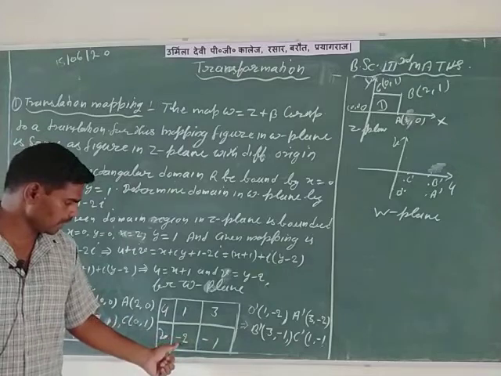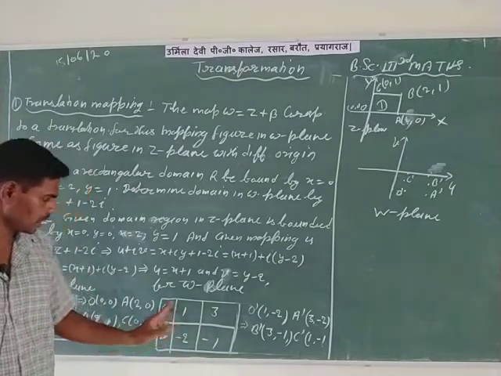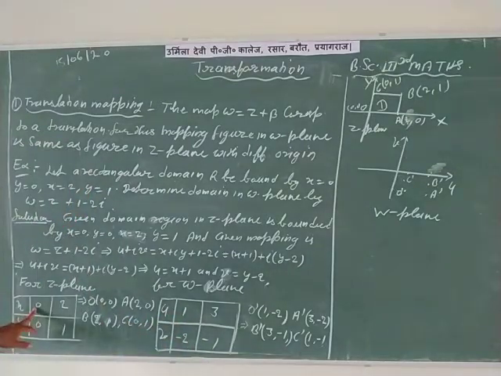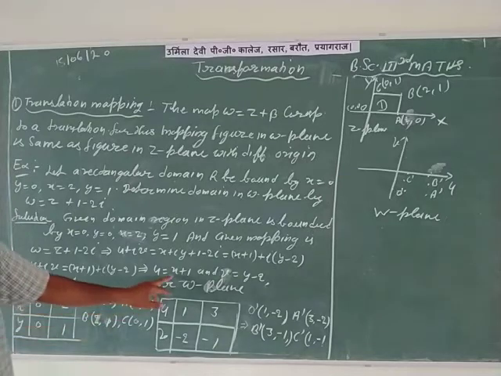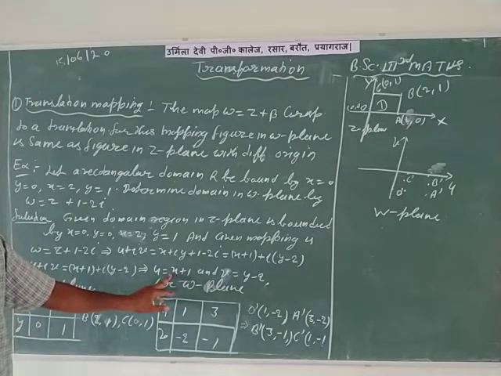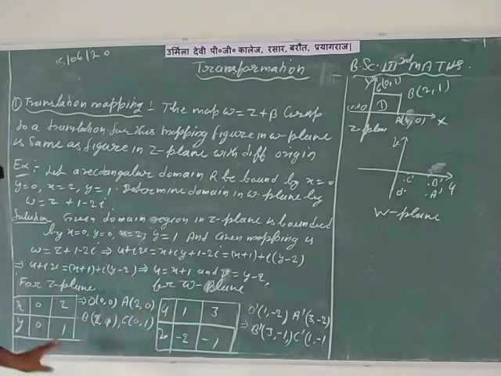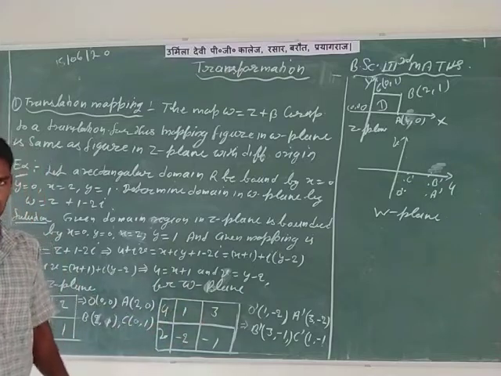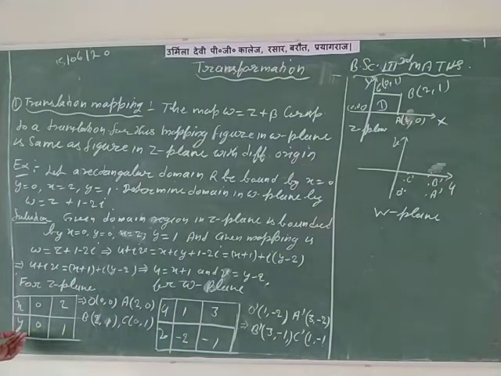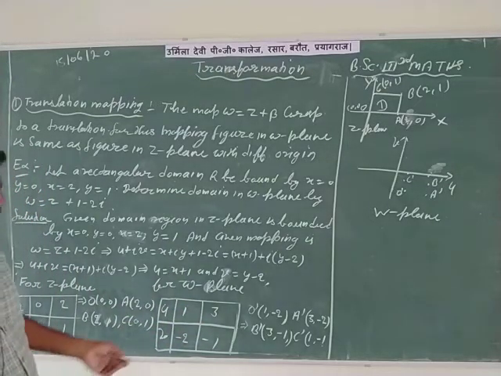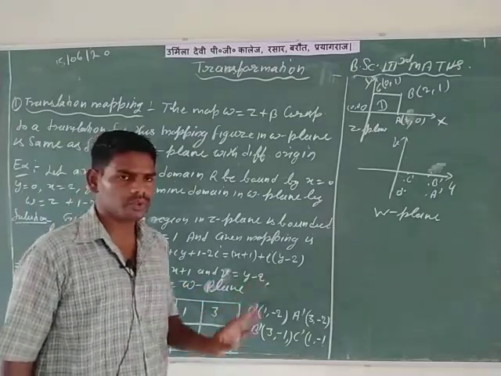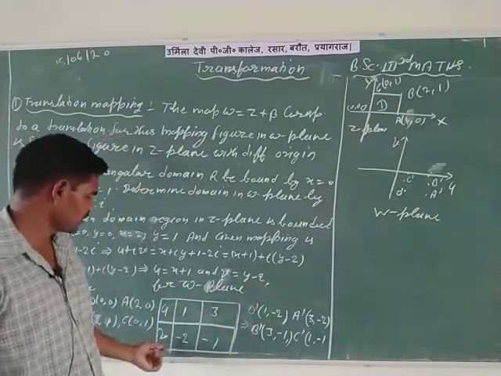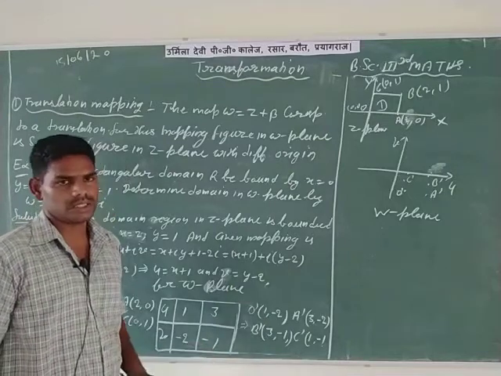Putting x equal to 0, u is equal to 1, and putting x equal to 2, u is equal to 3, since 2 plus 1 is 3. Similarly, putting the values of y, 0 and 1, in v equals y minus 2, the values of v are minus 2 and minus 1.